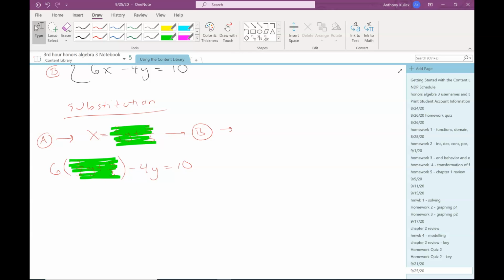Everybody okay with what I've done there? Now I have one equation with one variable. This we can solve. So we'll distribute that 6 through.